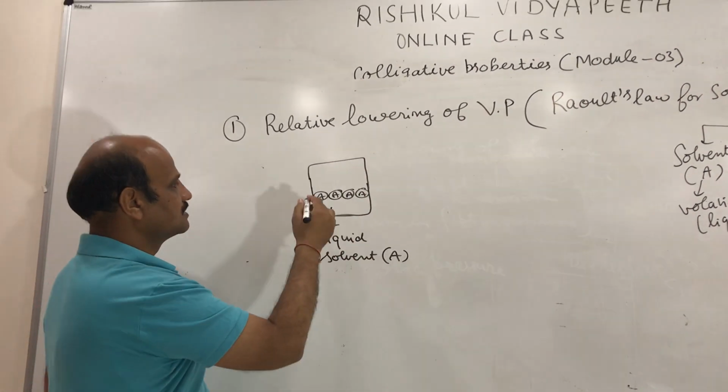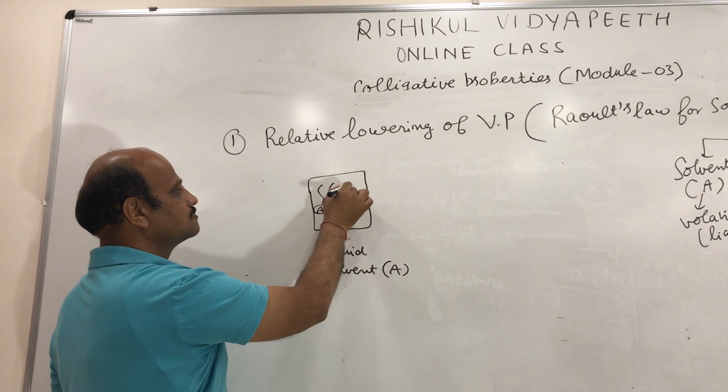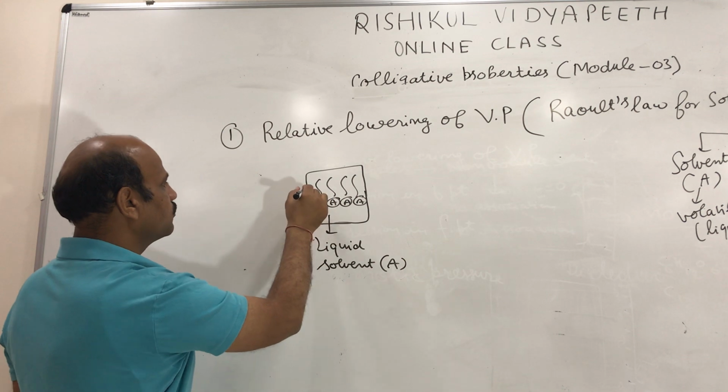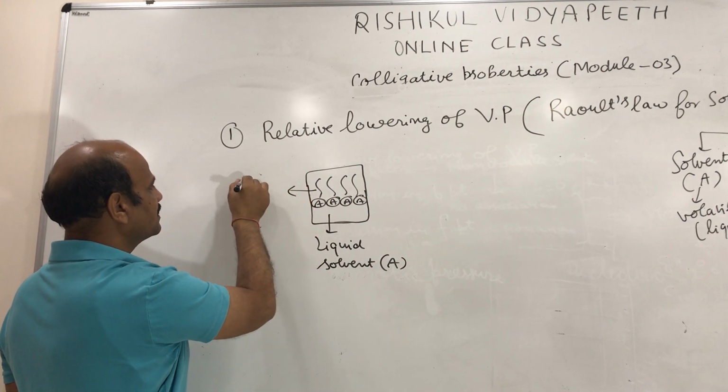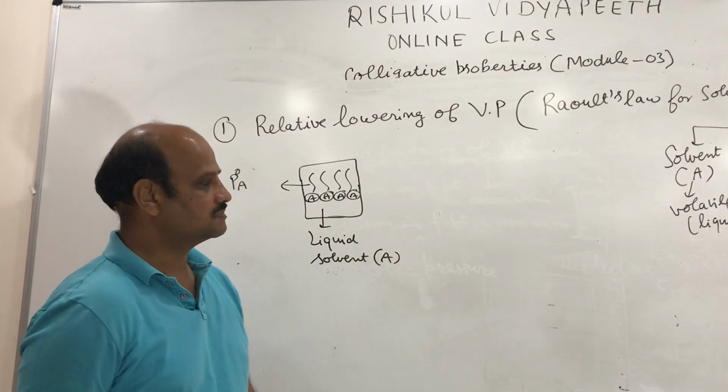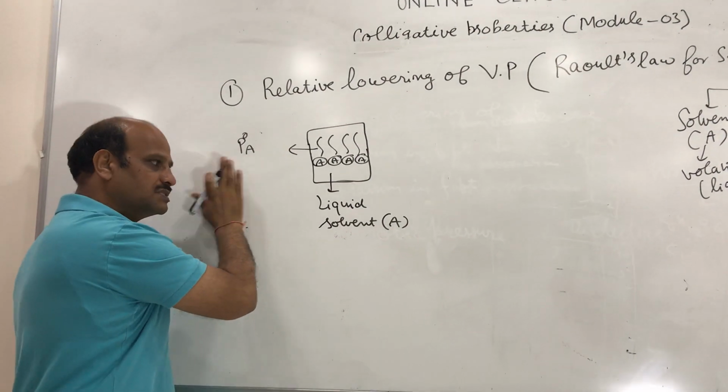These molecules vaporize and show vapor pressure, denoted by P naught A, the vapor pressure of the pure state.